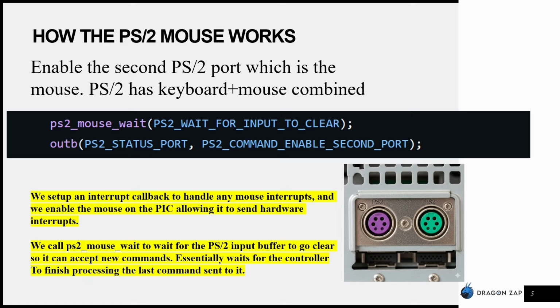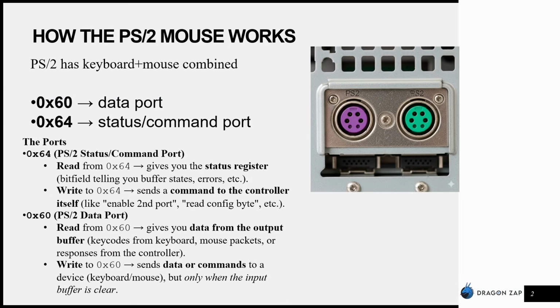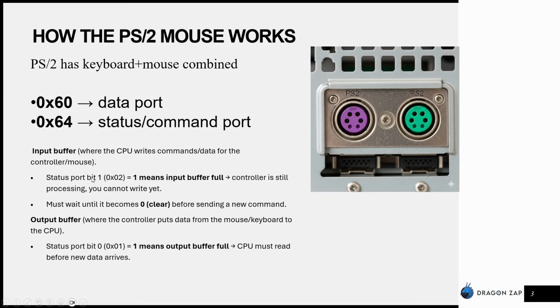When both of those are enabled, then the mouse packets can be received and the interrupts can be invoked. So here's an example of our PS2 wait function. Very simply, we're just reading from the PS2 status port for the second bit to go low. Because if you remember from the start of the presentation, I said that status port bit 1, if it's 1, means the input buffer is full.